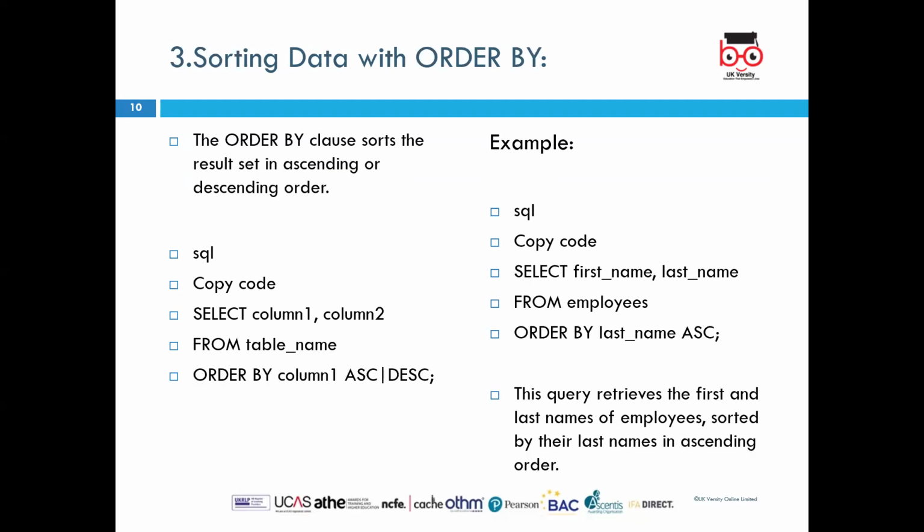Sorting with order by allows us to sort, which could be set in ascending or descending order. So we can order by last name, for example, when retrieving our employee fields.